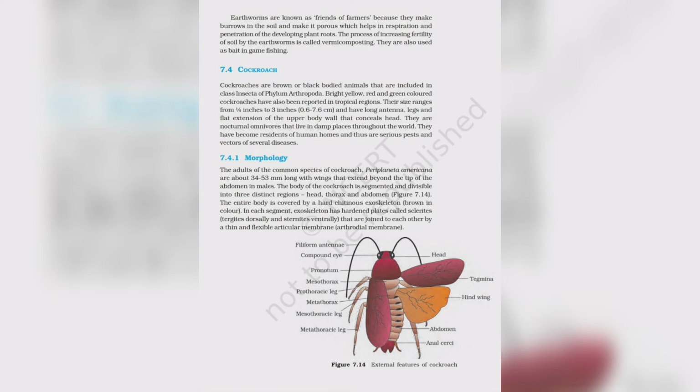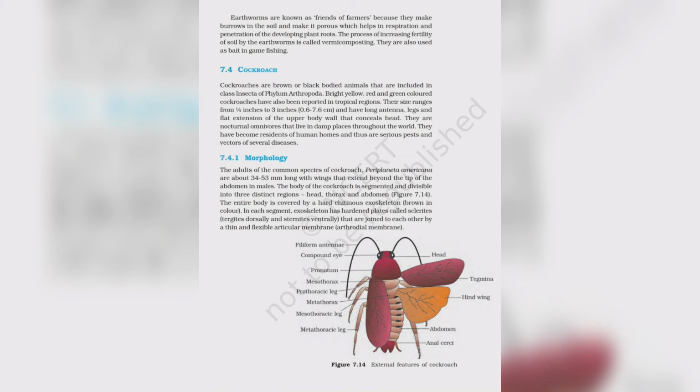Their size ranges from 1/4 inch to 3 inches (0.6 to 7.6 centimeters) and they have long antennae, legs and a flat extension of the upper body wall that conceals the head. They are nocturnal omnivores that live in damp places throughout the world. They have become residents of human homes and thus are serious pests and vectors of several diseases.